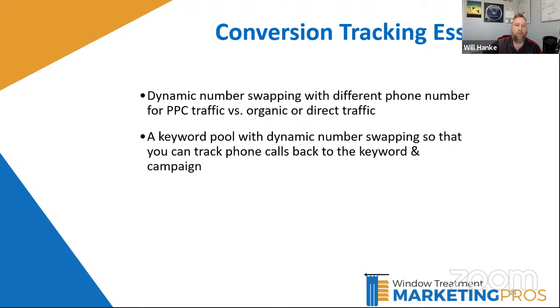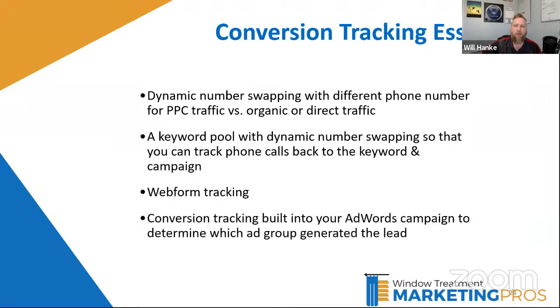Same thing, a keyword pool with dynamic swapping so that you can actually track all the way back from what keyword they typed in when they picked up the phone and called us. So there are some really cool things you can do with this. Obviously, web form tracking: the forms on your website, when they're filled out, should be able to be tracked backwards to what generated that lead, what page did they land on, how did they find us in the first place.